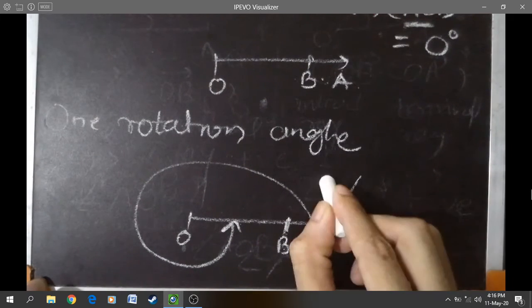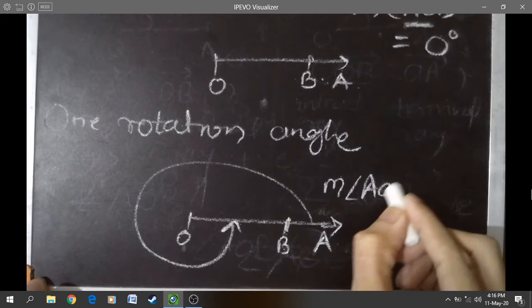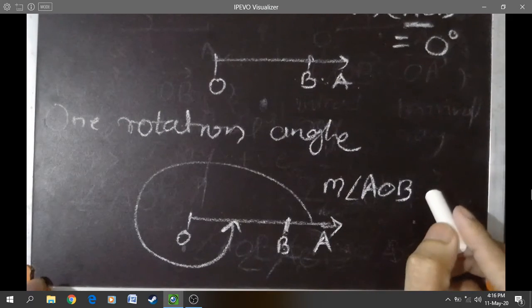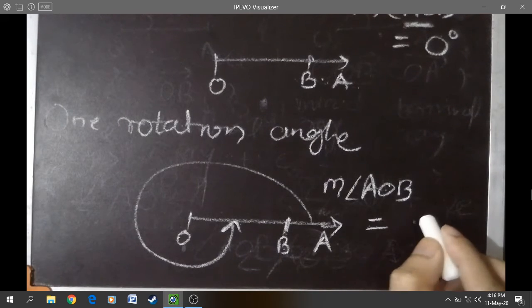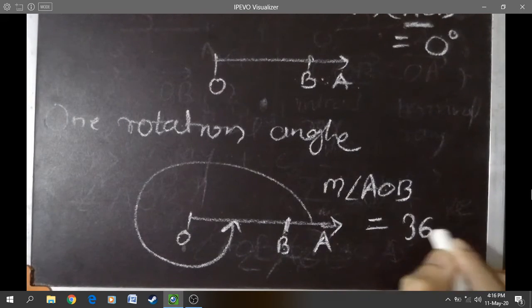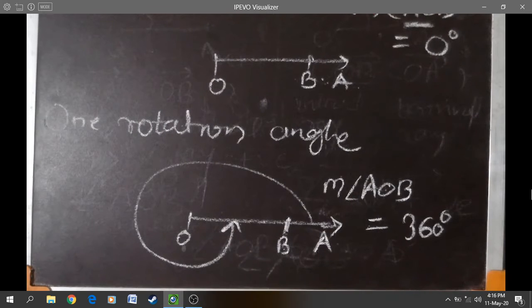Here is also the same name of angle, which is angle AOB, right? And it has a value of 360 because it completes the full rotation. When it's one rotation, we know it should be angle 360.